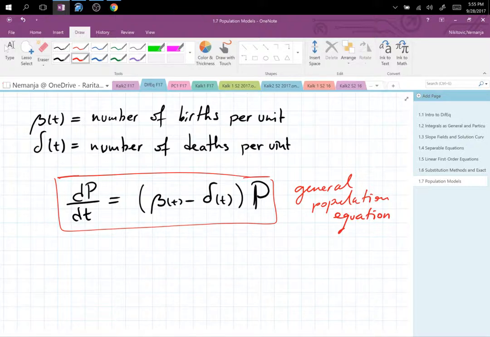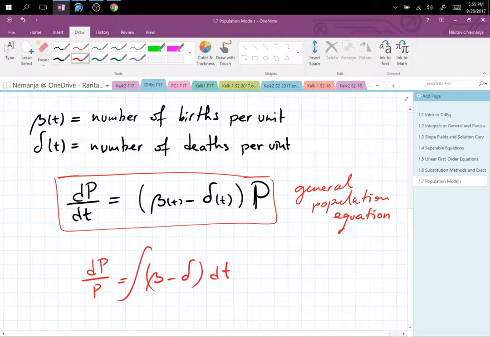Observe that separation of variables here is still something that you can do. Your variables are t as the independent variable, time, and population. So this is still solved by the separation dP over P equals beta minus delta dt, and then integral on both sides, and you're done. Now, this beta and delta are functions, so clearly it's not just going to end up being e to the kt.